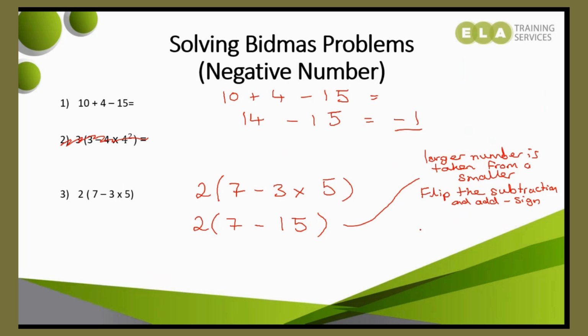So for example here, we do 15 take away 7, which leaves us with 8, and add the minus sign. So our answer is now 2 multiplied by -8, because when numbers are next to brackets, we multiply. 2 multiplied by -8 gives us -16. And that is our answer.